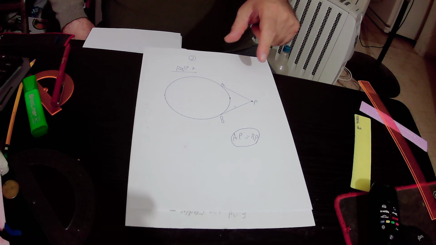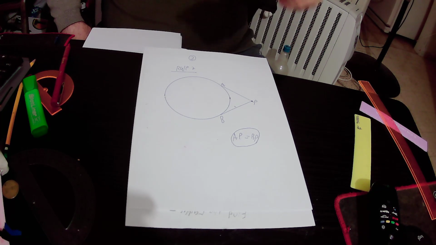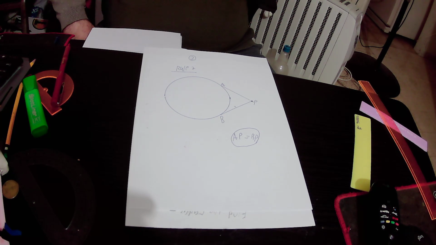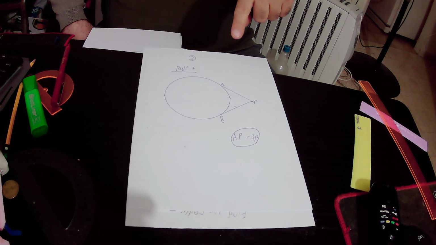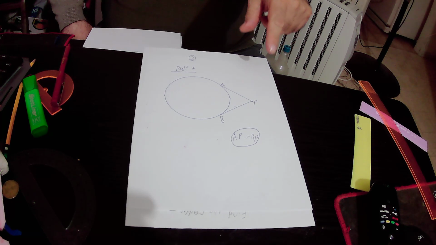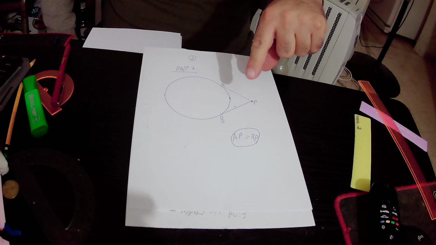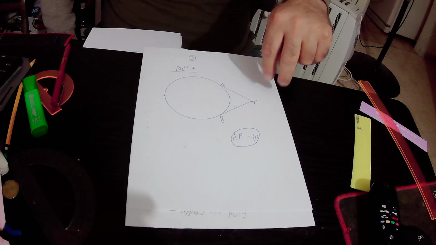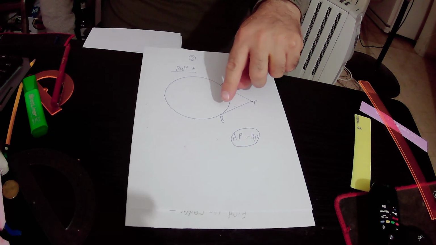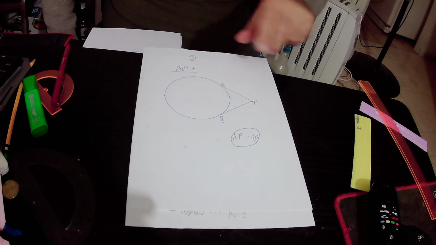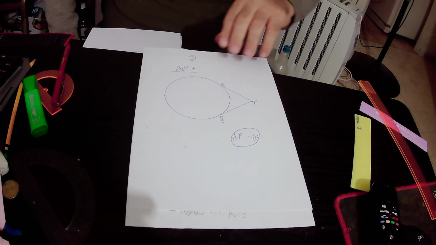That is to say, AP equals PB. Point A is the point of tangency between the circle and the tangent PA, and point B is the point of tangency between the tangent PB and this circle. Okay, so AP equals PB.